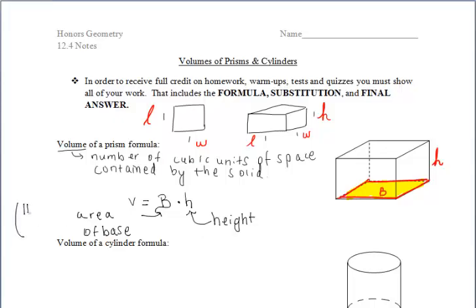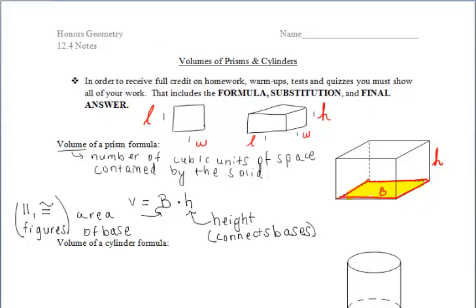Now, how do we recognize our bases? Sometimes the base will be shaded for you, especially in a rectangular prism. But it is very important to recognize that the base is not always necessarily at the bottom of the figure. The base has to be two parallel congruent figures, and then the height of the prism connects the two bases.